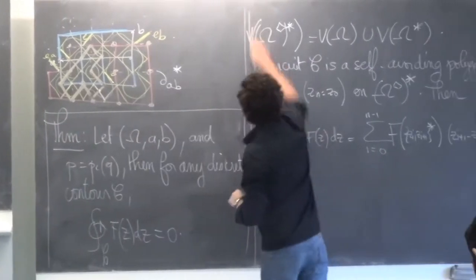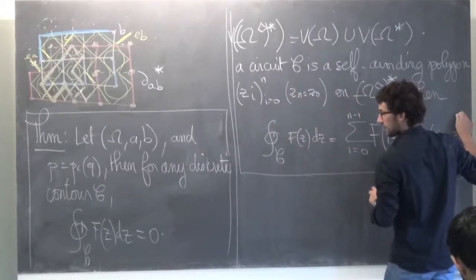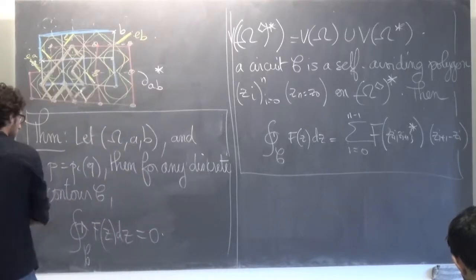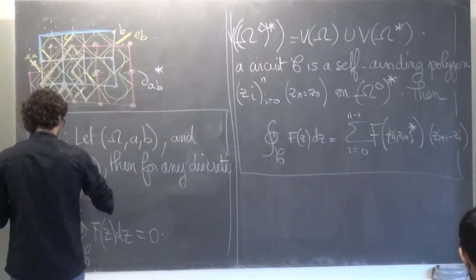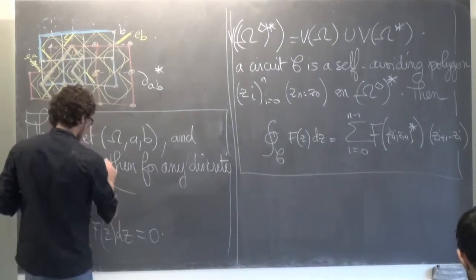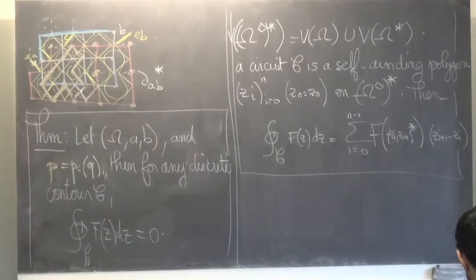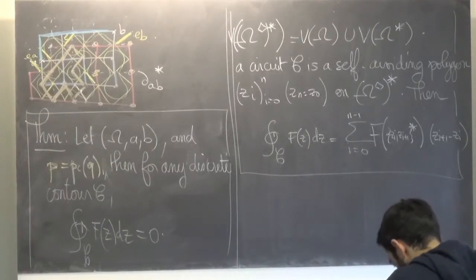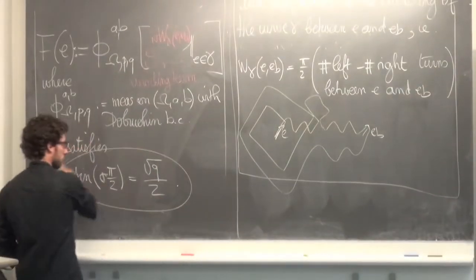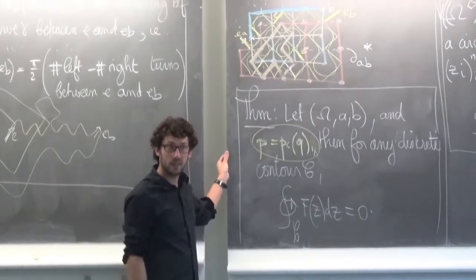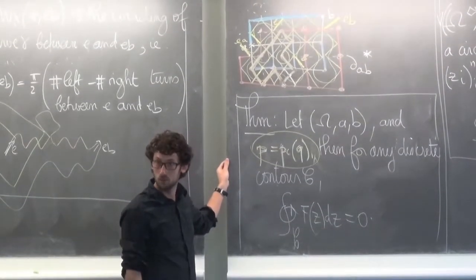And what I'm saying is that if I go at P equal PC of Q, I have this. So you see there is something very strange. If I choose this sigma, and I set P equal PC, then I have this property that whatever the discrete contour I take, I get the integral equals 0.